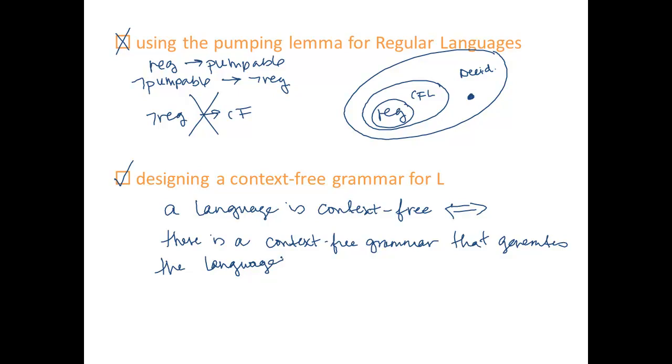So this is a bidirectional implication. If a language is context-free, then we know there must be some context-free grammar that generates it. Likewise, we know if there is a context-free grammar for a language, that language must be context-free.